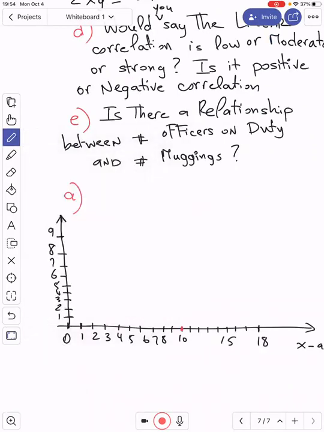Now, the corresponding y is 5. So we go with the vertical line and stop at the level where y equals 5. So here is where y is equal to 5, right? We're going to stop right here, and this is my first point. This corresponds to the first point where x is 10, y is 5.